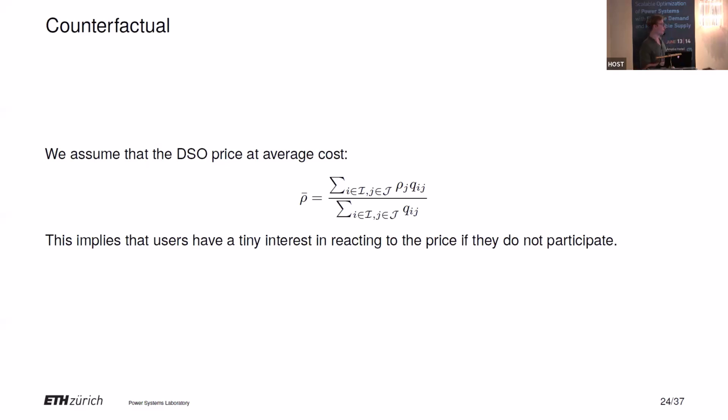So here I need to make an assumption on how the retail price is computed, but something that makes a lot of sense is to say the retail price is just the average cost that is going to be flat for the whole period. In that sense, the users have a tiny interest in reacting to this price if they do not participate in the program, but extremely small, much smaller compared to if they were directly facing the wholesale price.